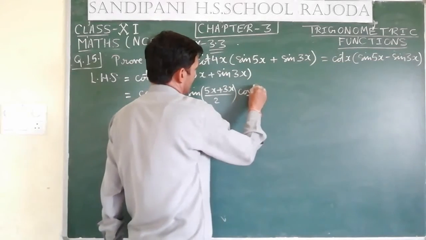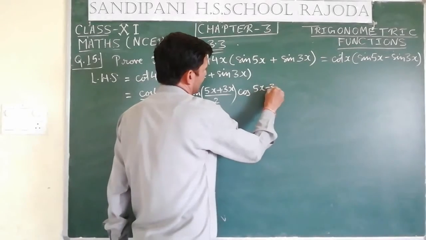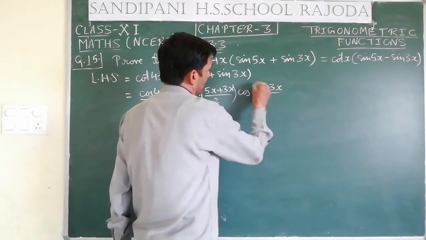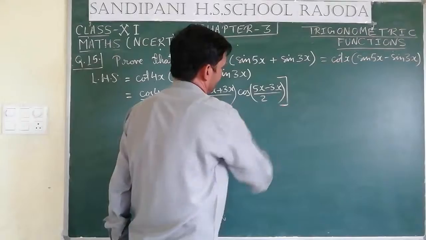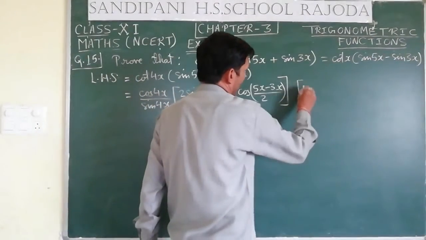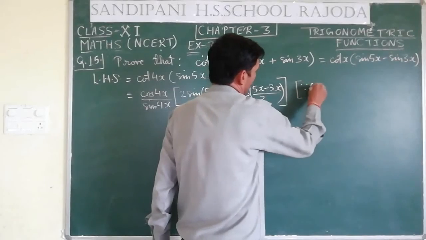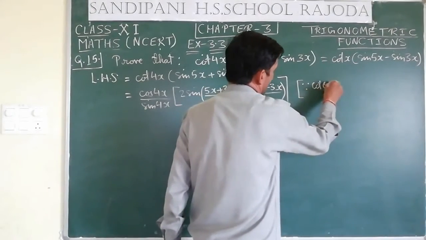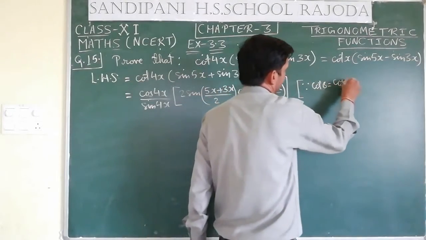You will have to mention that formula here which is applicable. Cot theta is equal to cos theta upon sin theta.